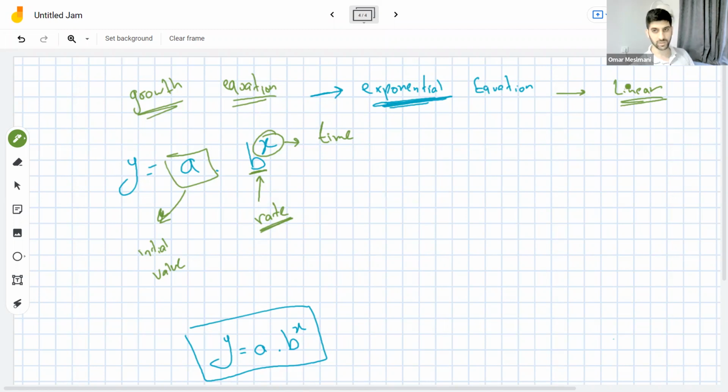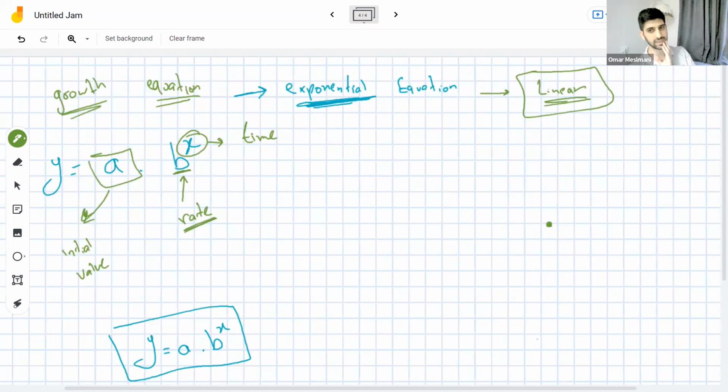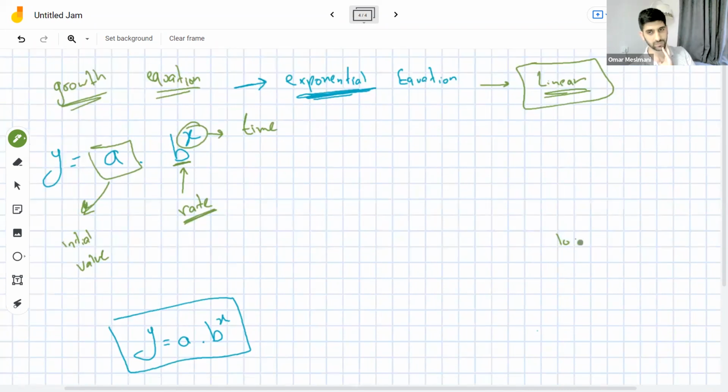In a linear equation, let's say I have a value, $100, and each month I'm going to earn an amount of money. Every month I'm going to earn $5. So in my first month I'll have 105.